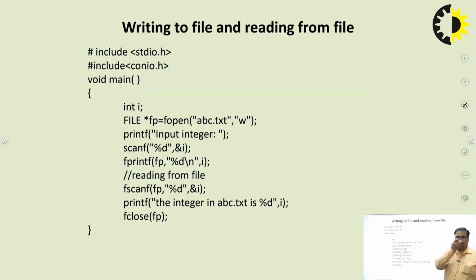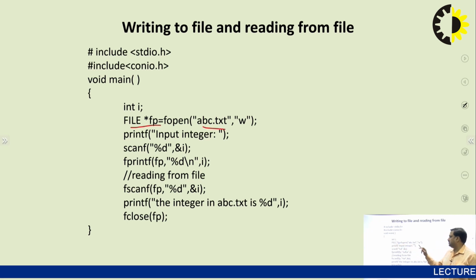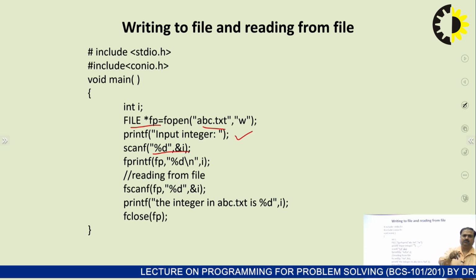Another example, for writing to a file. We have already seen one example for opening a file. Here we have one file pointer and open abc.txt in write mode. Now if I want to input an integer, we read one integer from the keyboard, and now we want to put this integer into the file.